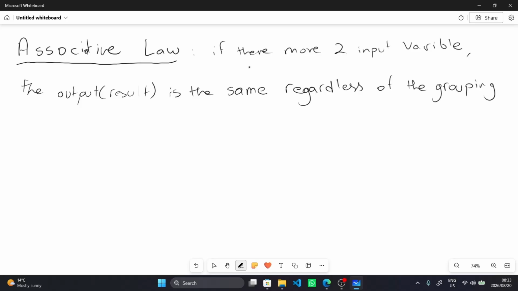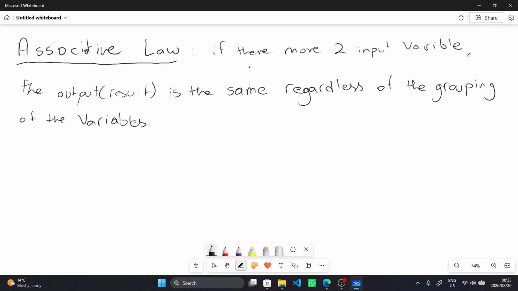In this case it just says your output will still be the same regardless of how you group them. If you're having more than two variables, depending on how you group them, it doesn't matter, your output will still be the same.